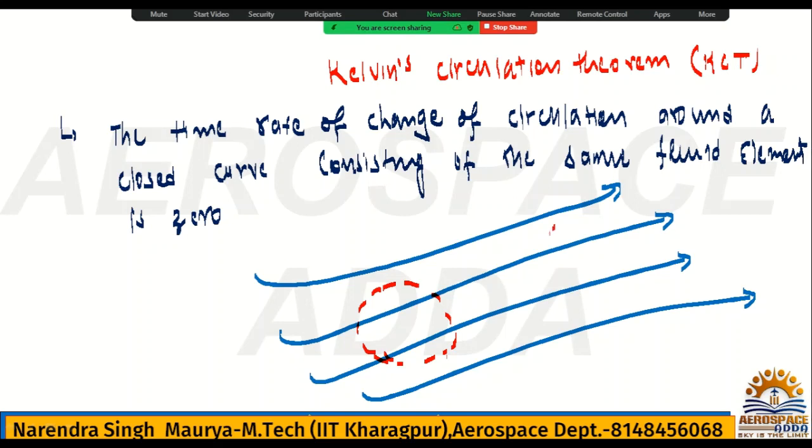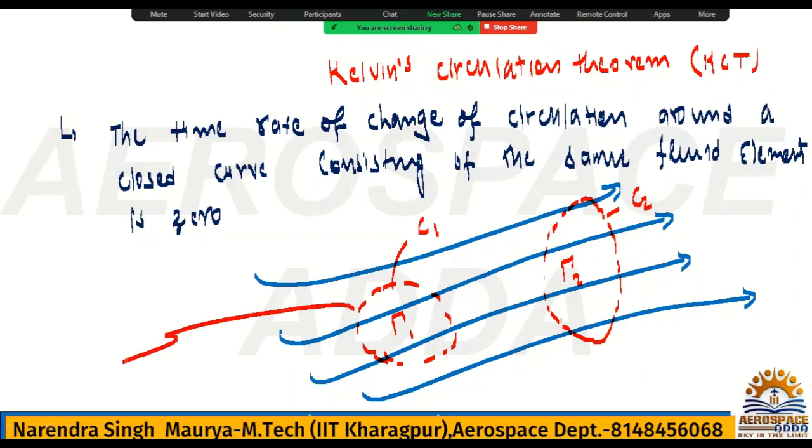This is the closed curve. In this closed curve the circulation is gamma 1, and here the circulation is gamma 2, right? So this is closed curve C2, and this is closed curve C1. For C1, inside this closed curve we have the same fluid element along this curve C1 at any time T1.